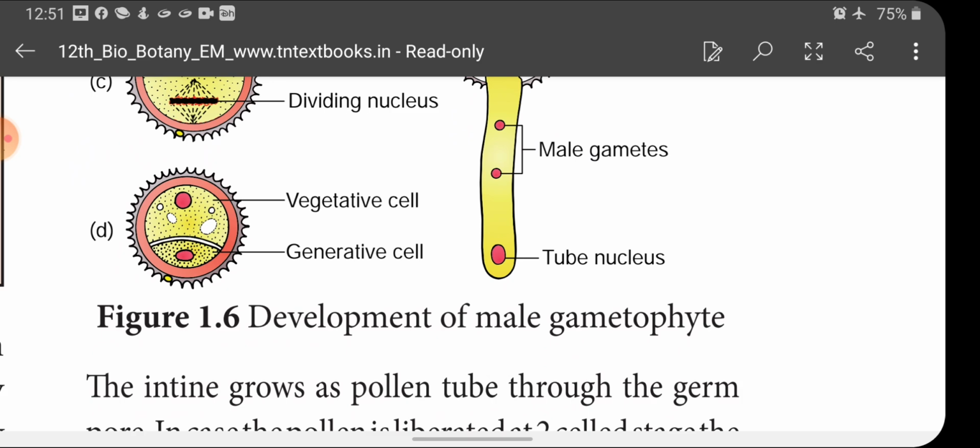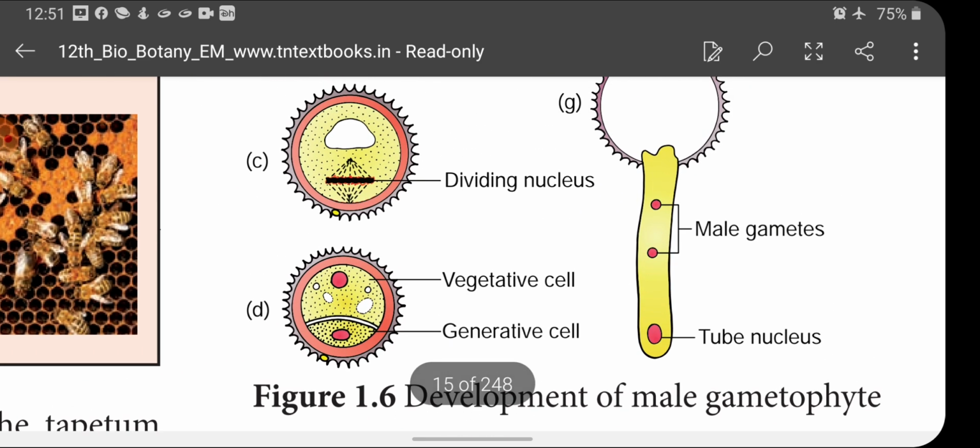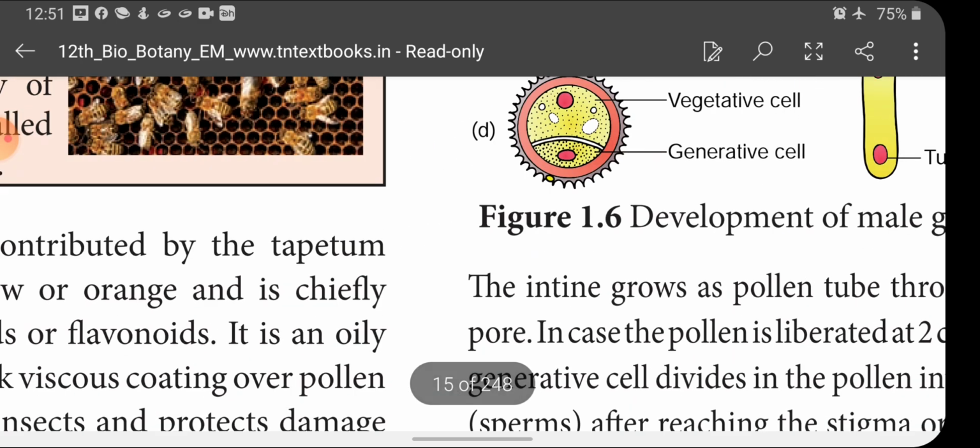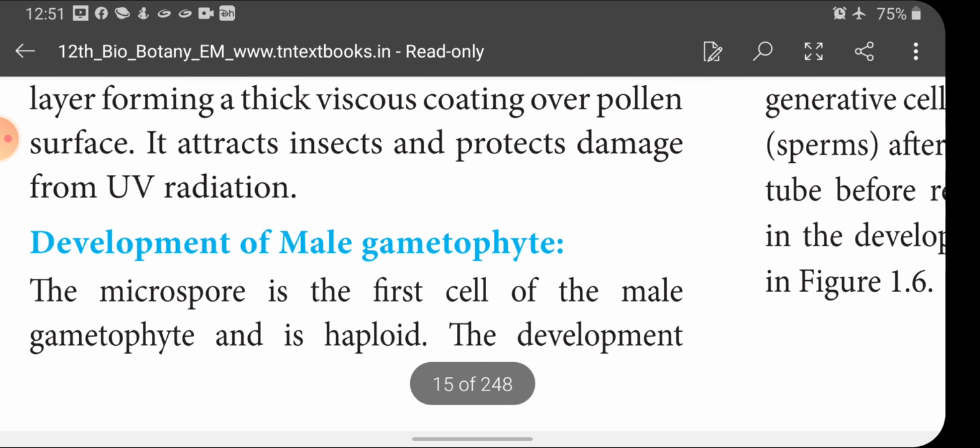That's it. So this is what the diagrams represent, the development of the male gametophyte. Now if we enter into the text, it will be easy for you to understand. The microspore is the first cell of the male gametophyte and is haploid.